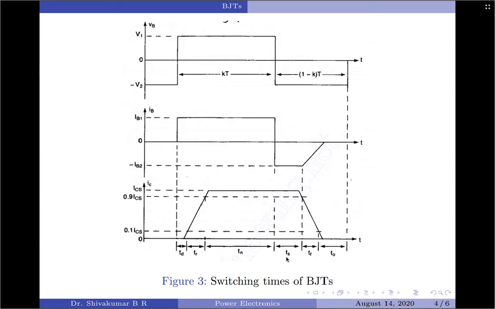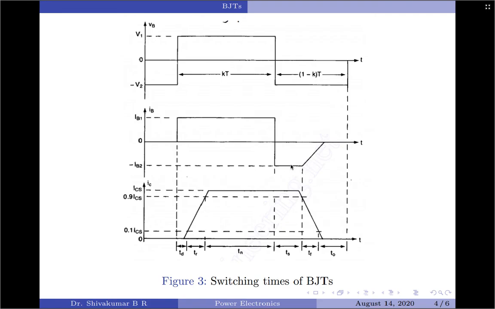Now, since the base to emitter voltage is still positive, approximately 0.7 volts, the base current reverses its direction due to the change in the polarity of the base voltage from plus V1 to minus V2. Now, the reverse current minus IB2 helps to discharge the base and remove the extra charge from the base.